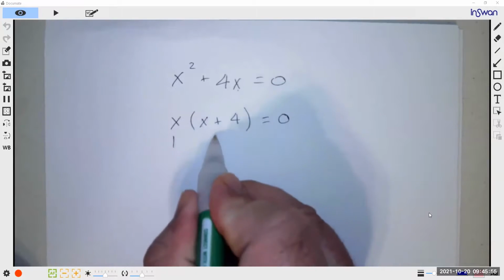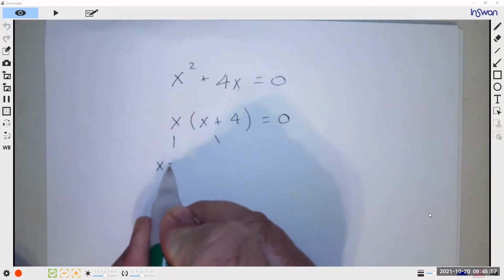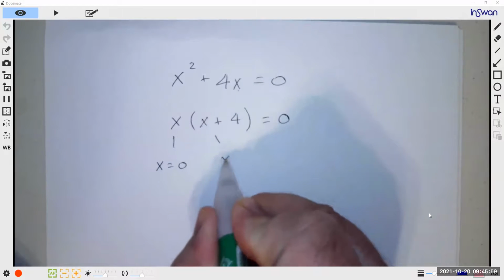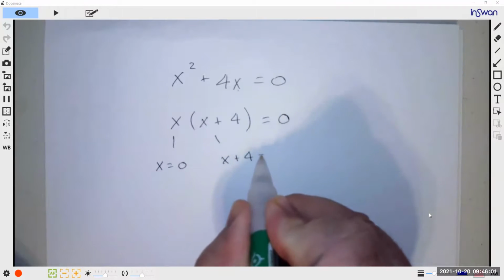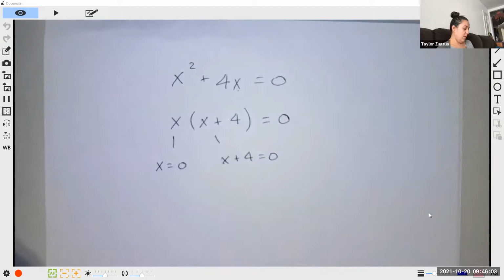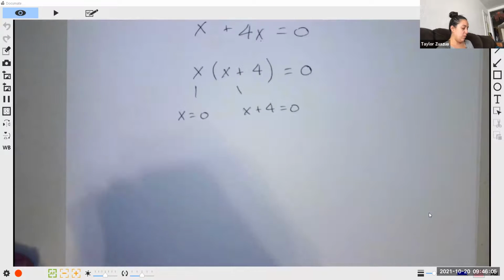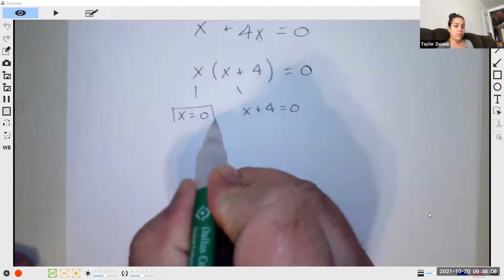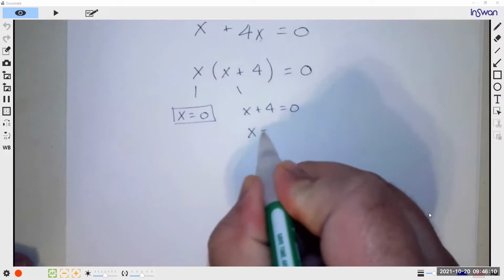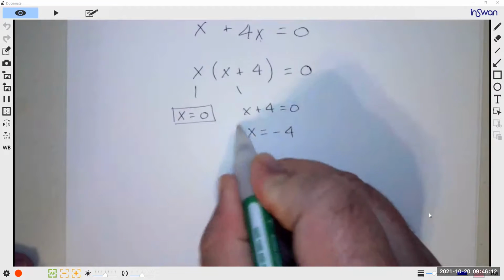Now we set both of those equal to 0: x equals 0 and x plus 4 equals 0. So we solve both of those and we get our answers.